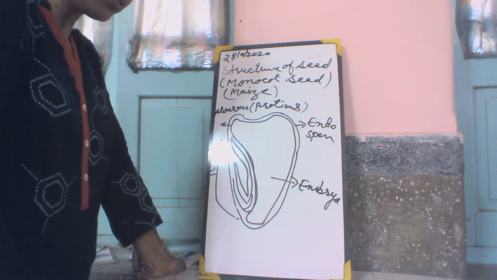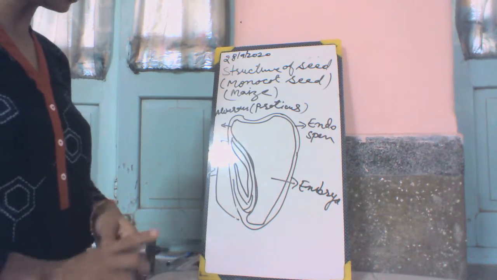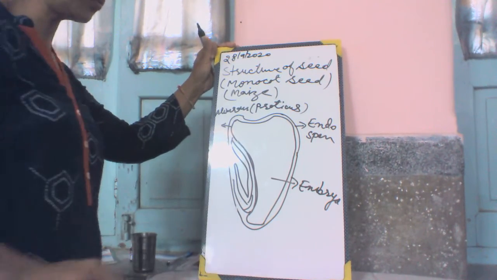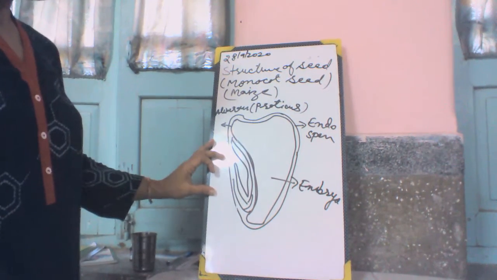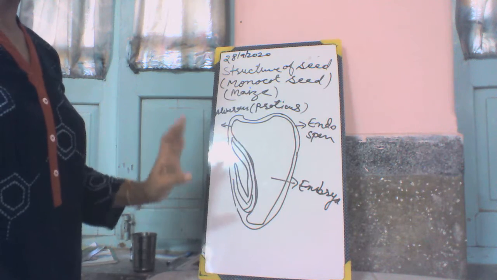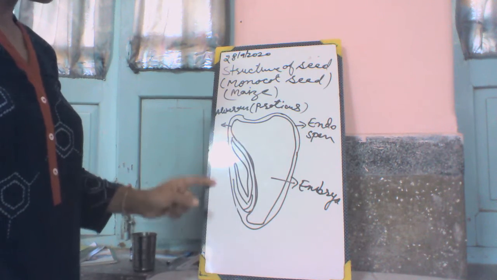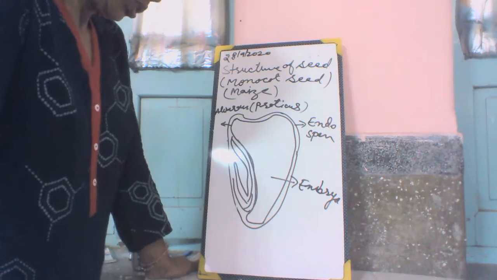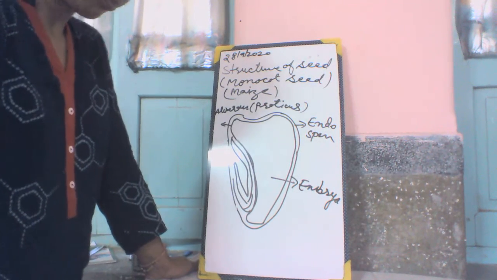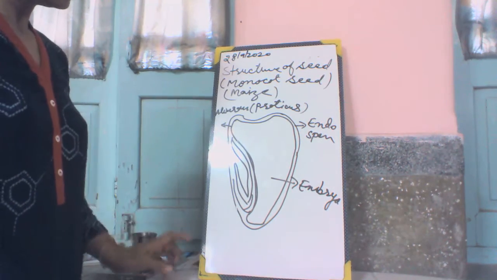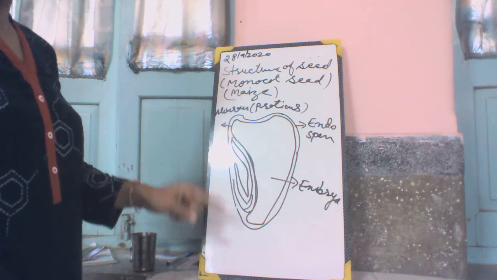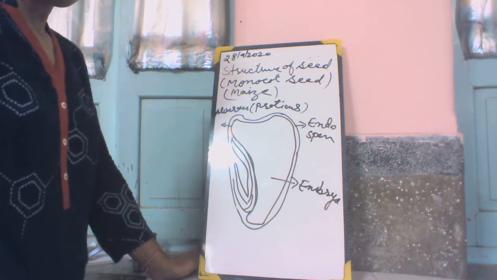The embryo consists of radicle and plumule. We all know that the embryo consists of radicle and plumule. Radicle grows into the roots and plumule develops into the shoot system of the plant. Here is a protective sheath over the radicle and the plumule.